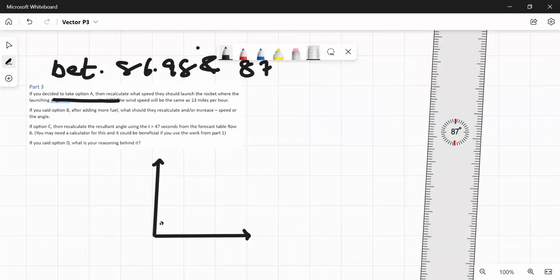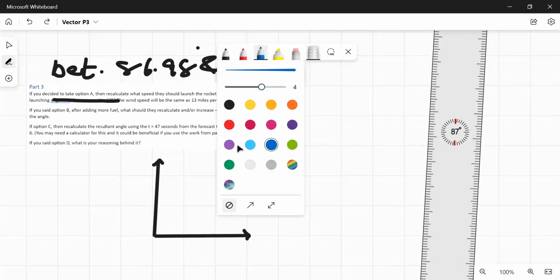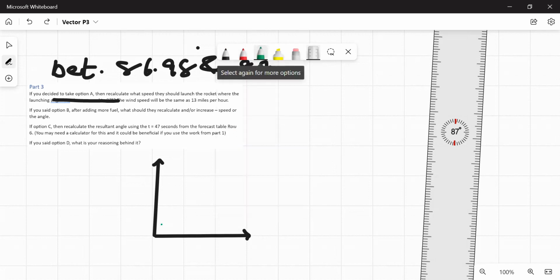All right, so this angle, let's choose green. This angle is 87 degrees. The wind speed now has become 12.64 miles per hour. And if you note, it's going in the same direction where it was coming from, so it's going eastwards.